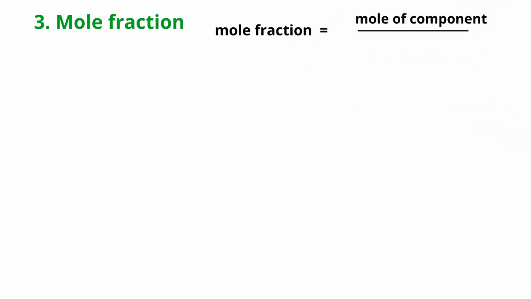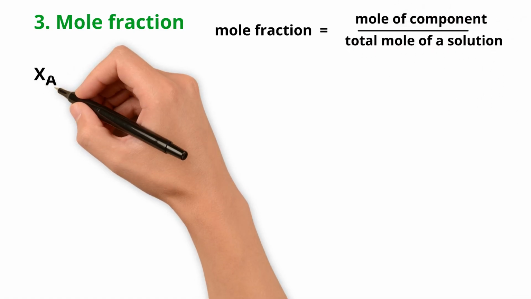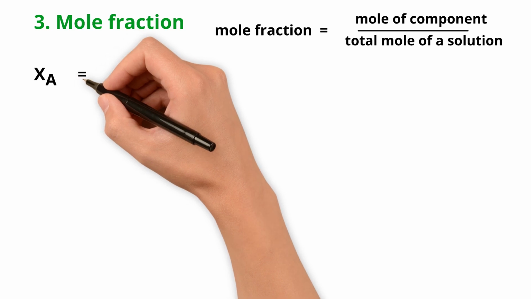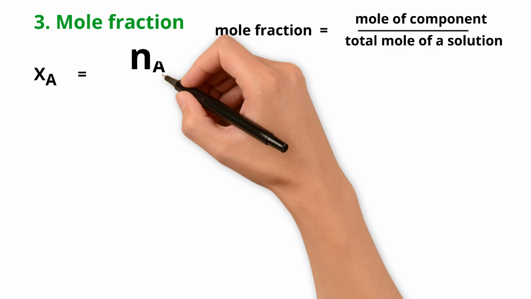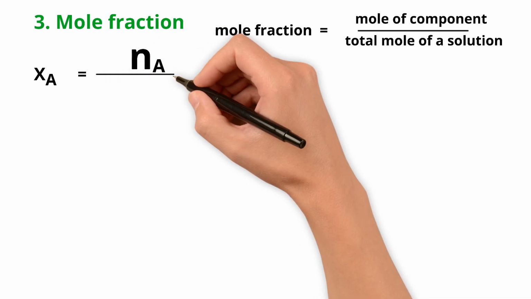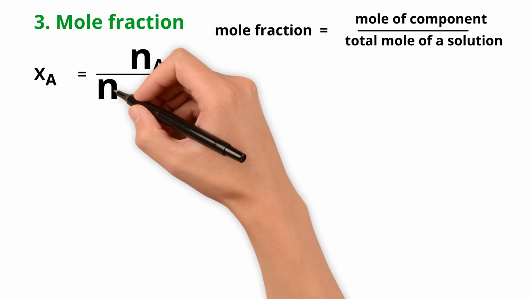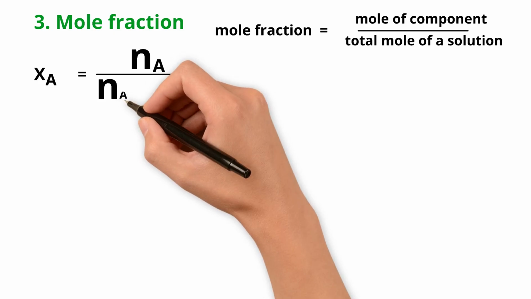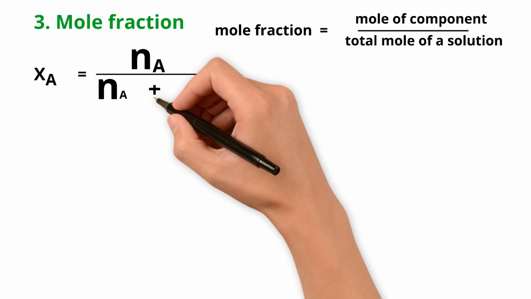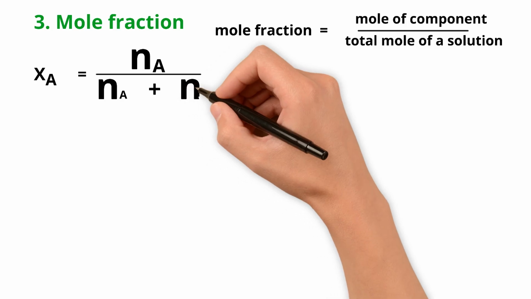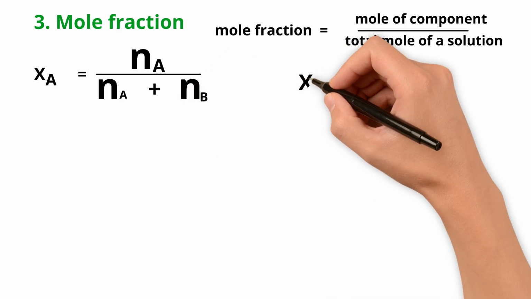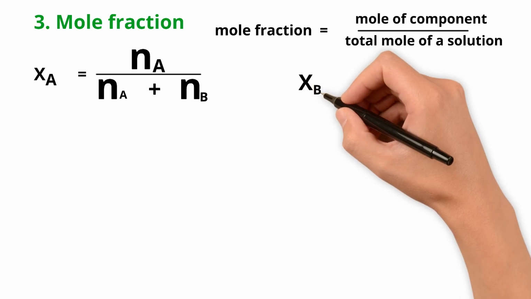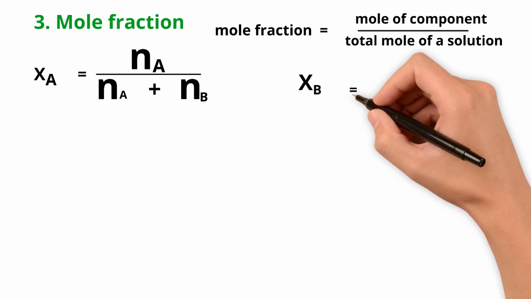Mole fraction of A is equal to mole of A upon mole of A plus mole of B. Mole fraction of B is equal to mole of B upon mole of A plus mole of B.